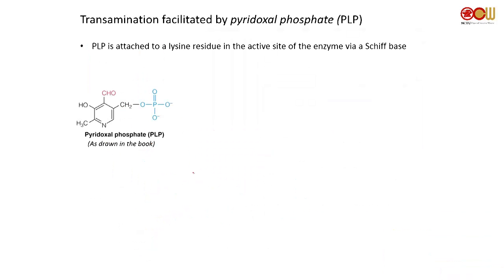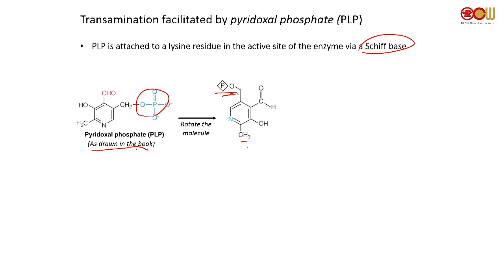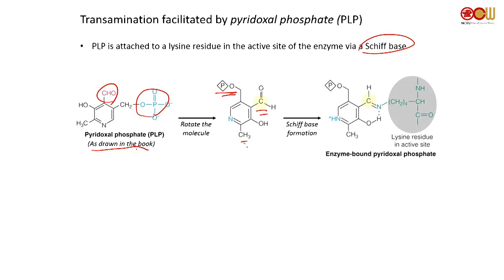Usually your PLP, or pyridoxal phosphate, is attached to a lysine residue in the active site of the enzyme via a Schiff base. Now, what do you do? I drew two different pictures, but these two molecules are exactly the same. I just rotated it slightly, because in the textbook it looks like this, but the way I usually look at it, the phosphate is on this side and the aldehyde is on this side. If you react this guy with a lysine, you remember lysine has a terminal amino group, this is your protein, and this residue is lysine.